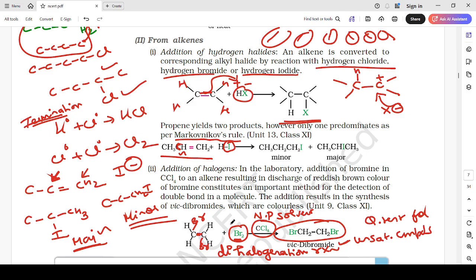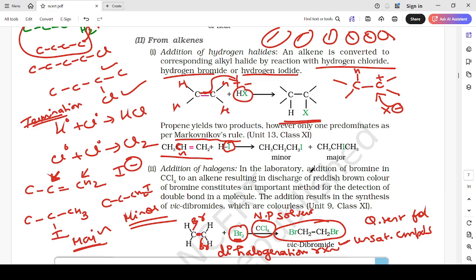Bromine initially we know is a reddish brown color liquid. Once it is getting added here, it loses its color. So if it is a compound having a double bond or triple bond, when it reacts with bromine, the final solution will be colorless. With that, you will be able to understand whether it had unsaturation or not.